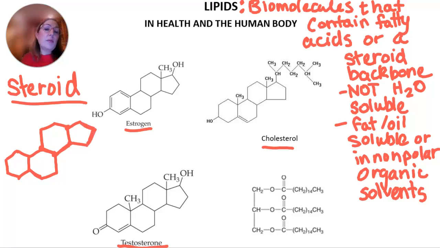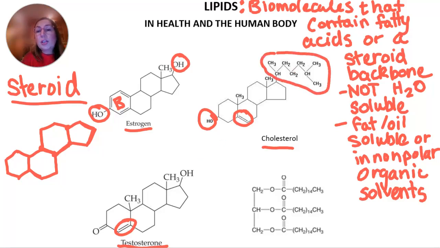Now in this steroid backbone, sometimes the first hexagon is really a benzene ring, like estrogen. That first one is a benzene ring, but it's not in cholesterol or testosterone. In cholesterol and testosterone, we see an alkene, in cholesterol in the second ring, and in testosterone in the first ring. And so we can really find some functional groups here. Estrogen also has 2 alcohol functional groups. Cholesterol has 1 alcohol functional group, and notice how it has a lot of carbon chain to it as well.